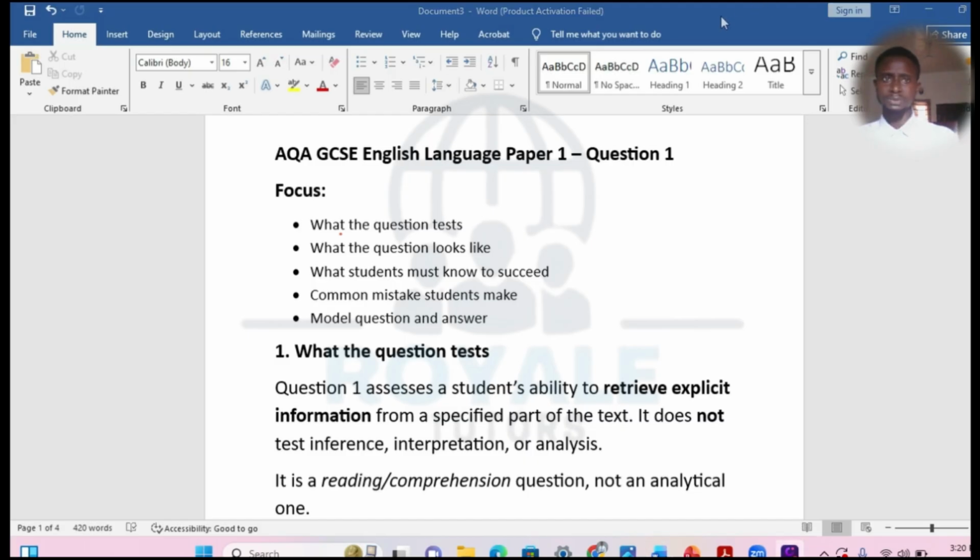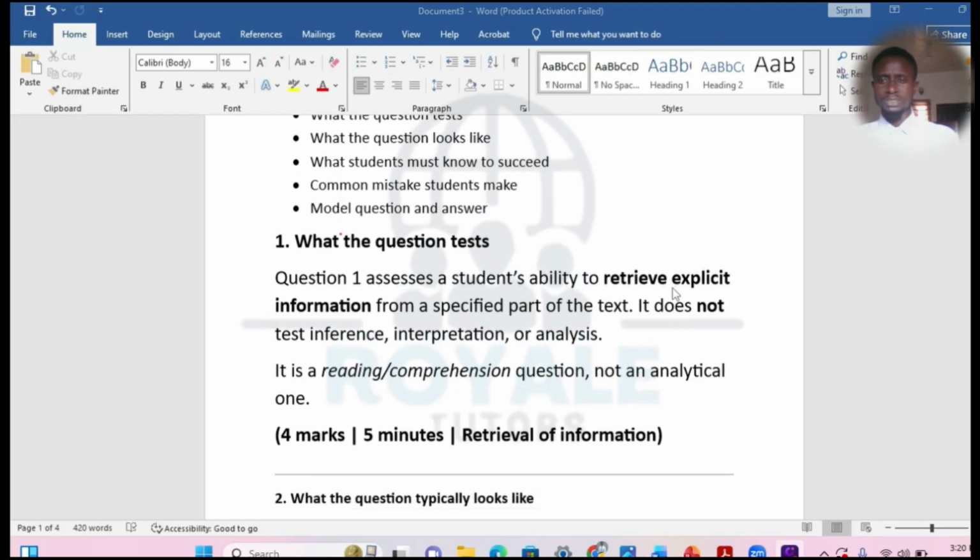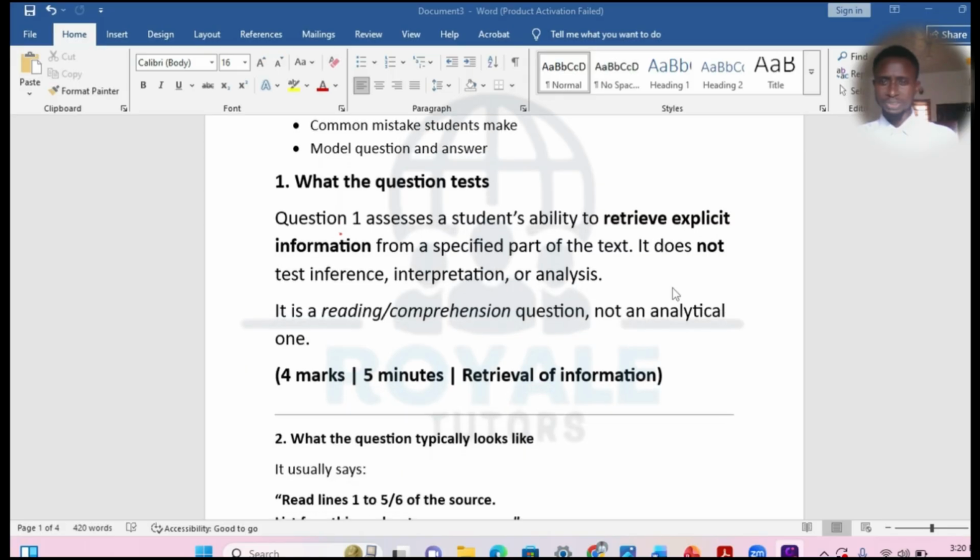So the first on the list is what the question tests. Question 1 assesses a student's ability to retrieve explicit information from a specified part of the text. It does not test inference, interpretation, or analysis. Now, what exactly is the meaning of explicit?